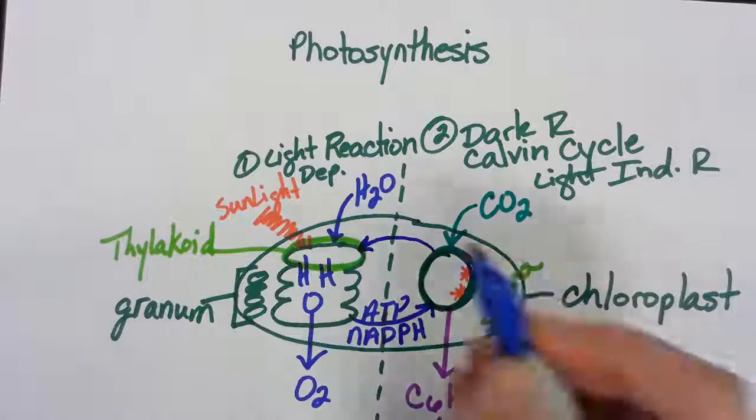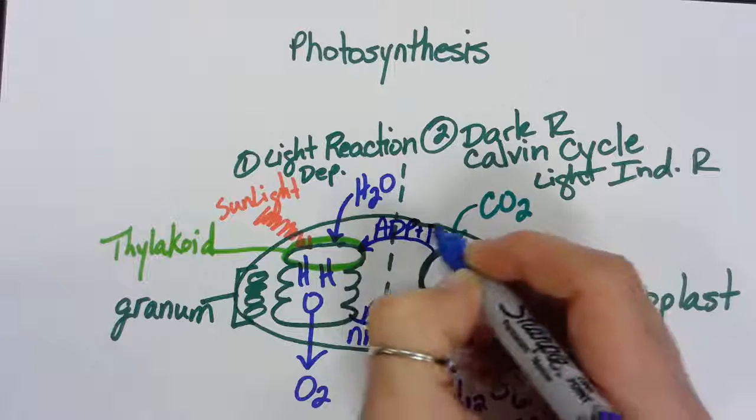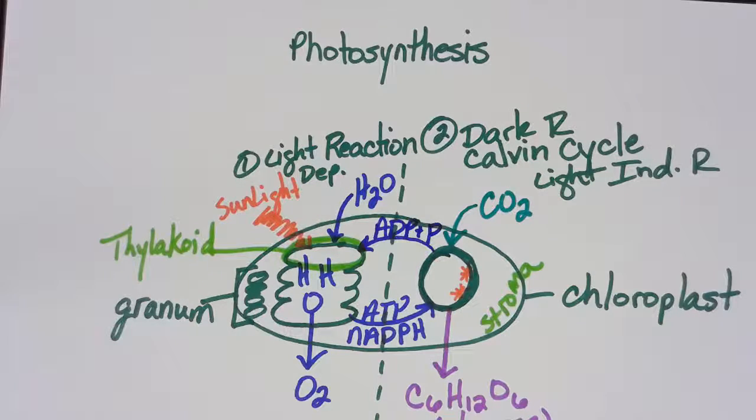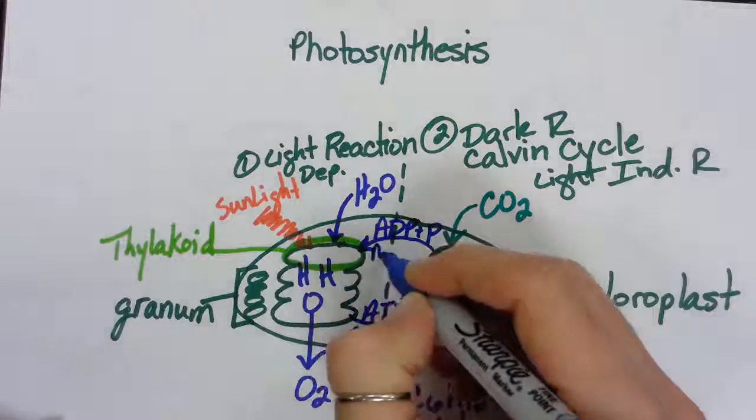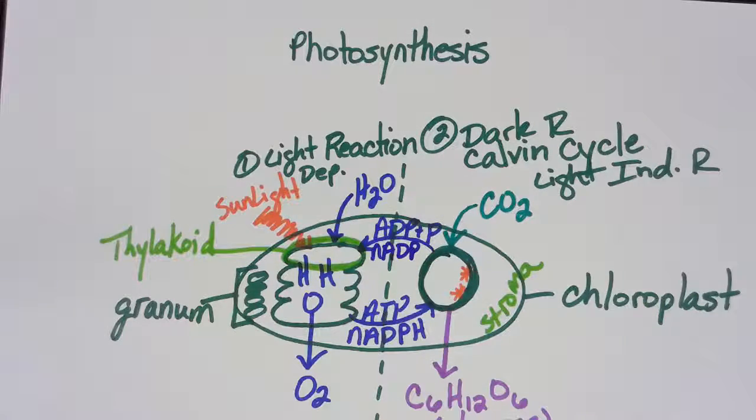And when we use energy, we get ADP plus P. Remember, we broke the bond, we released energy, so instead of being adenosine triphosphate, it went to adenosine diphosphate. We also use the HCHO down here, so we're going back to NADP, back into the light reaction. So it does go on into a cycle, going over and over again.